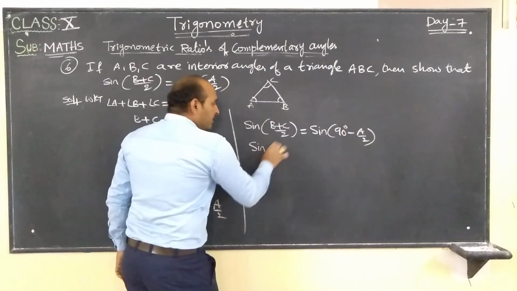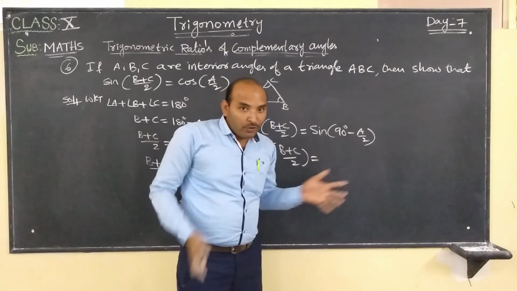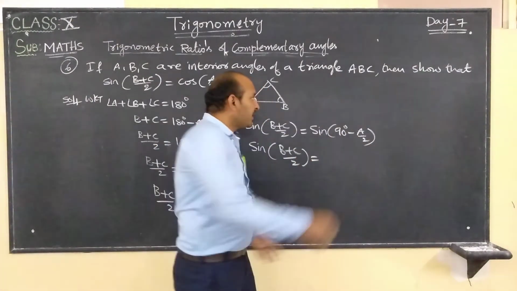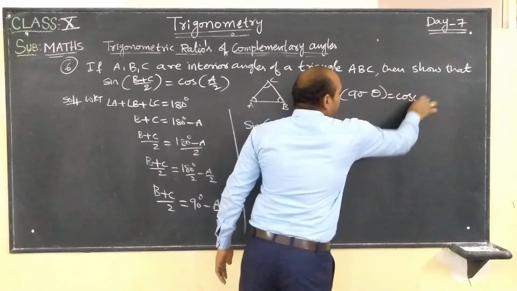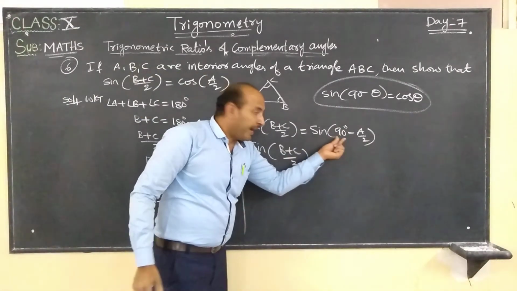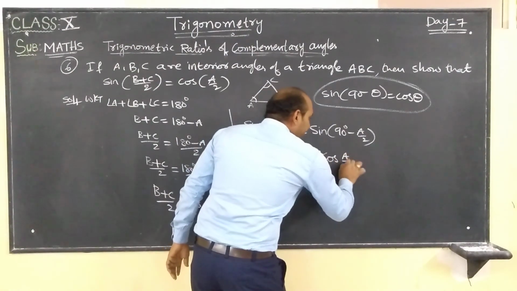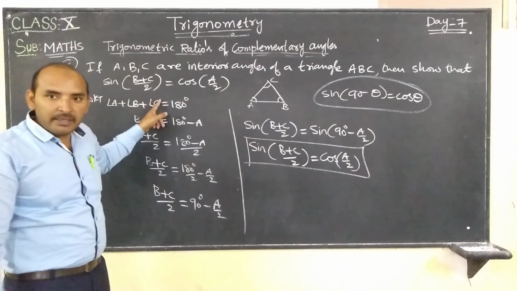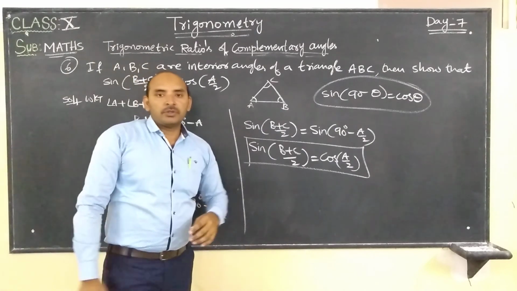We know clearly this formula: sine of 90 minus theta is equal to cos theta. Complementary angle formula: 90 degrees is there, sine changes to cos. So it is cos A by 2. This is our proof. Observe, sine of (B plus C) by 2 is equal to cos of A divided by 2. This is the problem. Thank you.